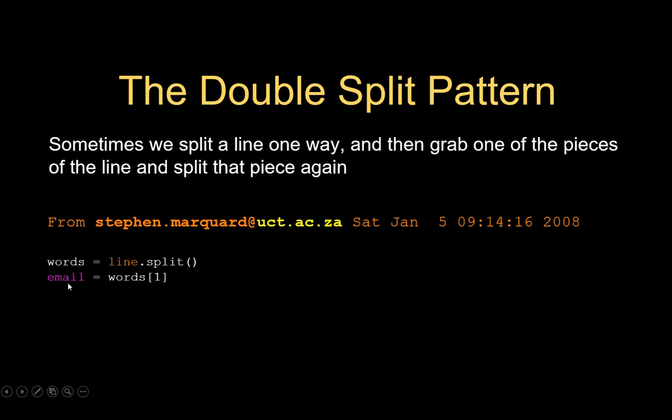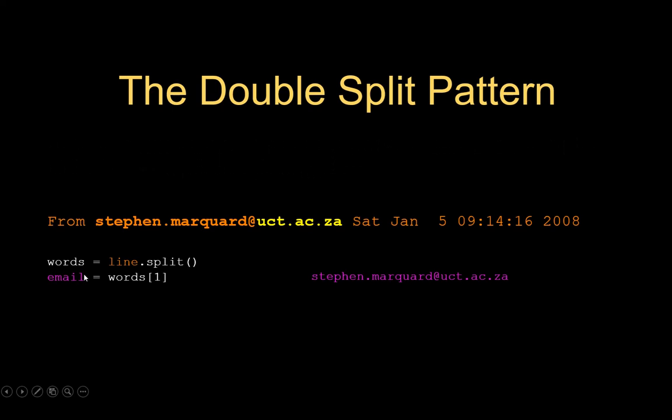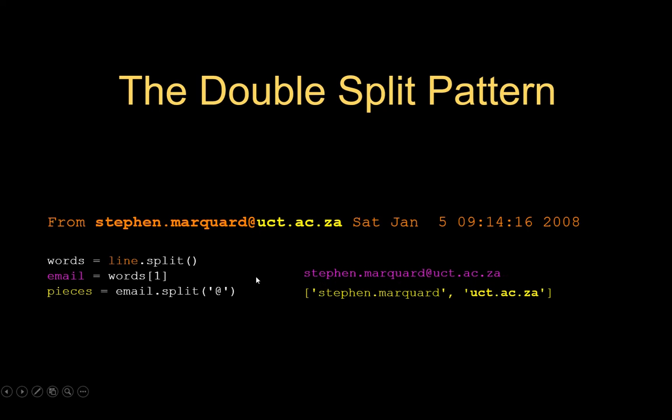Now we're going to do something else with this. So this is the output, this is the email. Now we're going to split that output using the parameter @. When we get to the @, we're going to split this part, put it in the first value, and split this part, put it in the second value.